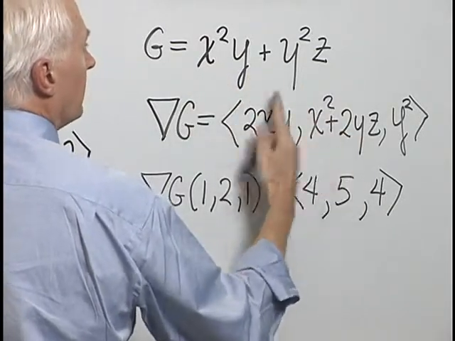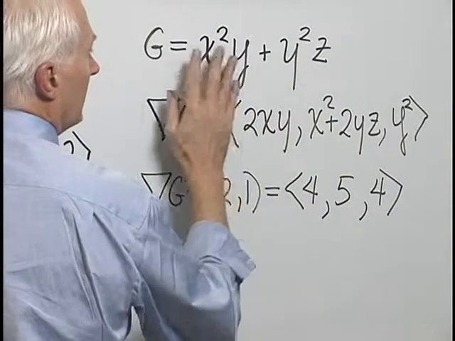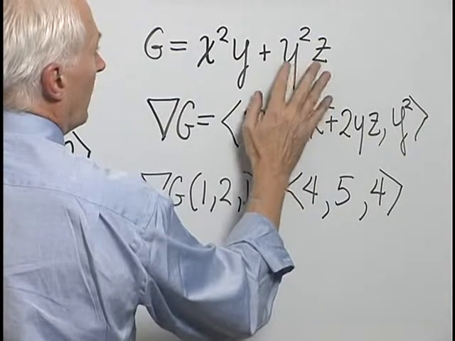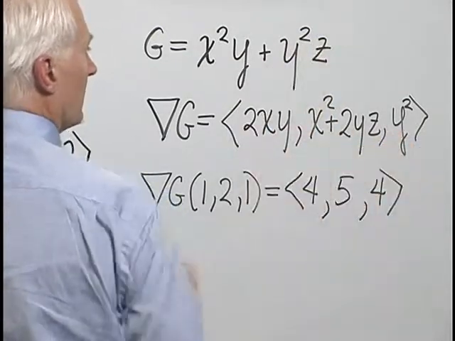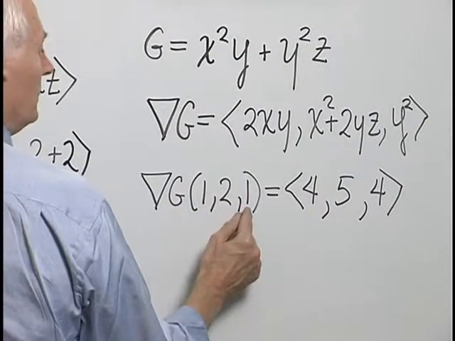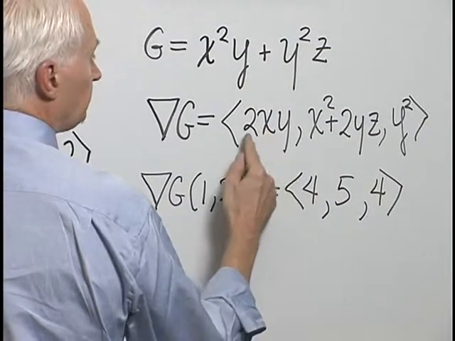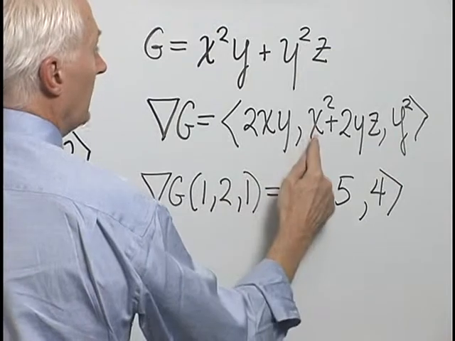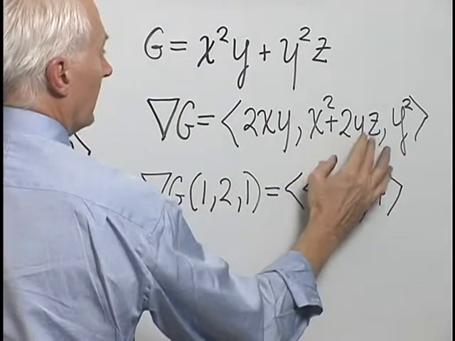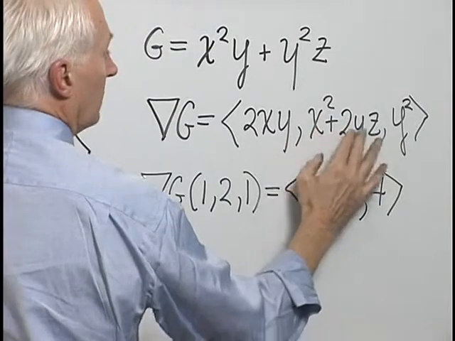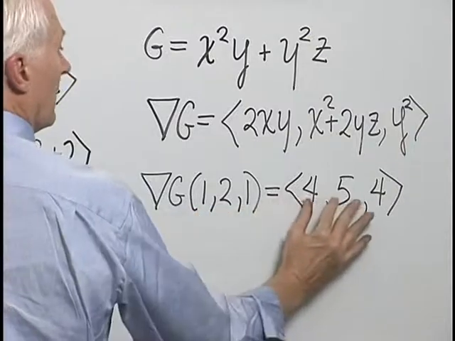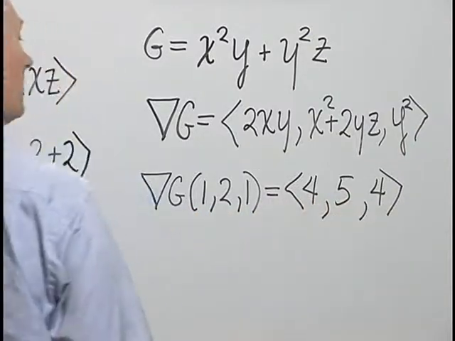Differentiating with respect to z, nothing here, and the derivative of z being 1 with y squared treated as a constant just leaves y squared. So when I put x equals 1, y equals 2, z equals 1, 2 times 2 is 4, and here 1 plus 2 times 2 being 4 again, z is 1, so 1 plus 4 is 5, and then 2 squared is 4. So there's our second gradient that we're interested in.